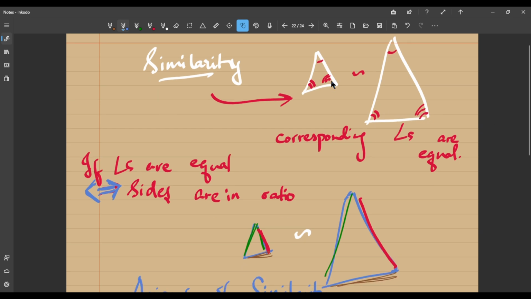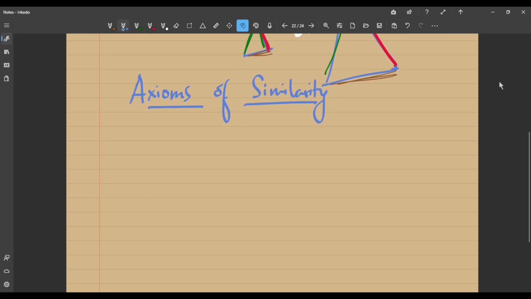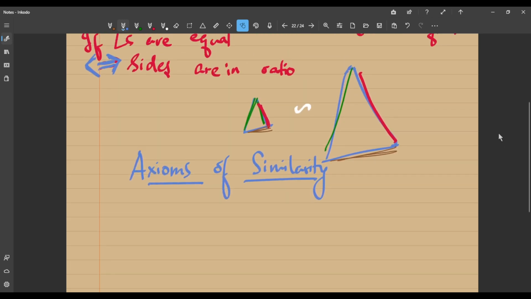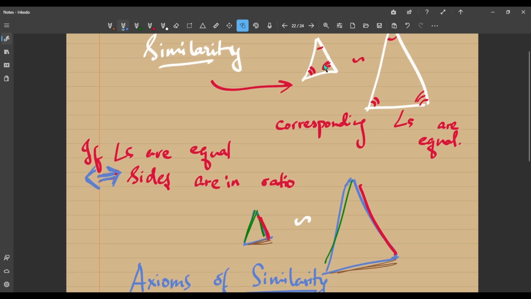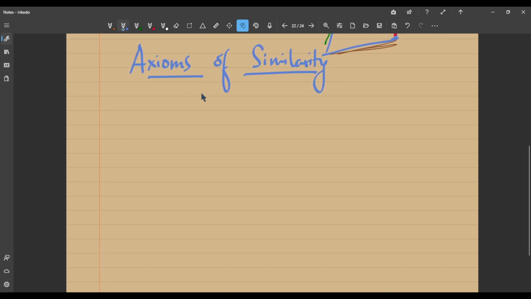Here all the angles have to be equal because the shape has to be maintained, and all the sides have to be in ratio. But it's not always necessary to go through everything. So it's not necessary to explicitly prove all the angles are equal as well as all the sides are in proportion. These axioms are kind of shortcuts which would lead you to the result anyway, but we just have to check for some subset of those six things we have.